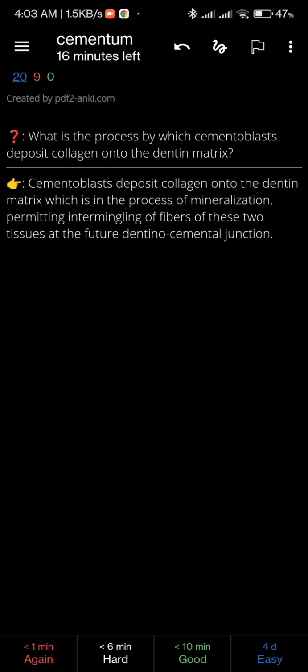What is the process by which cementoblasts deposit collagen onto the dentin surface?